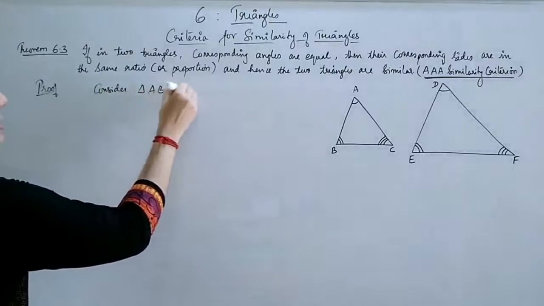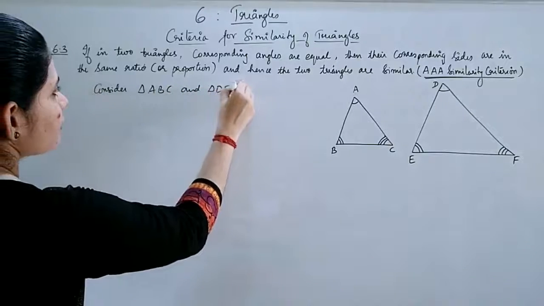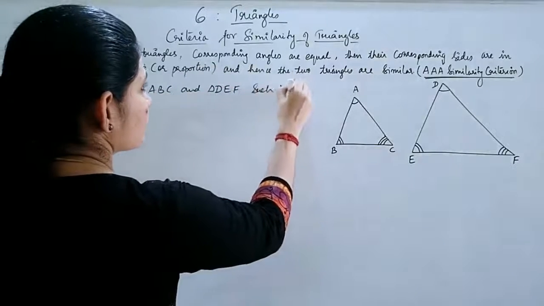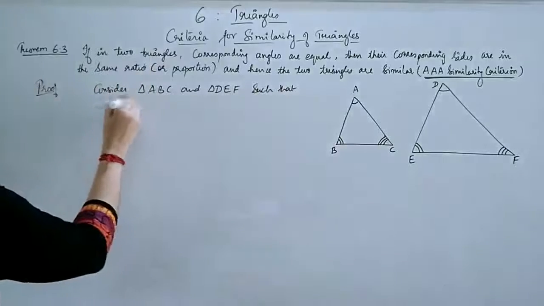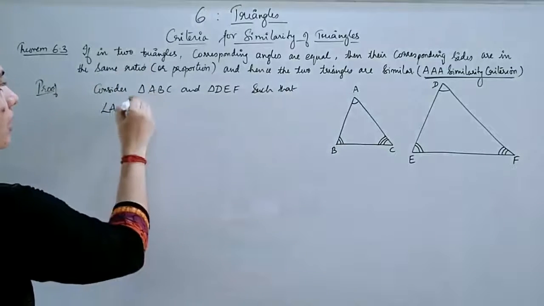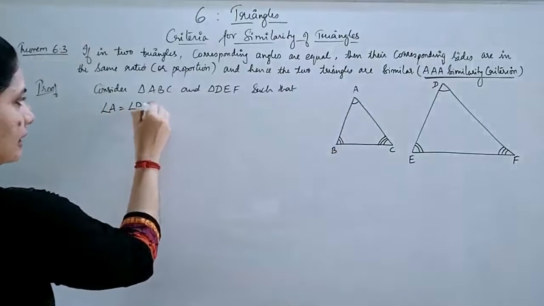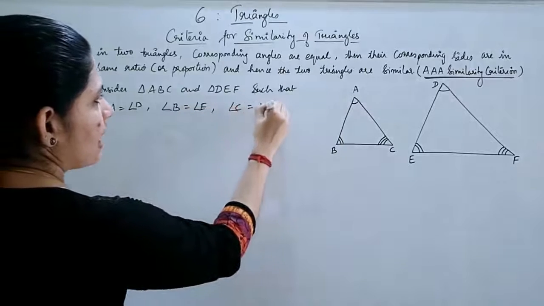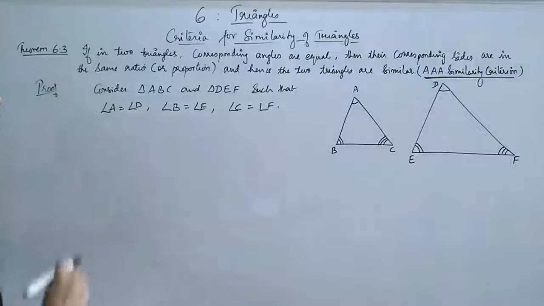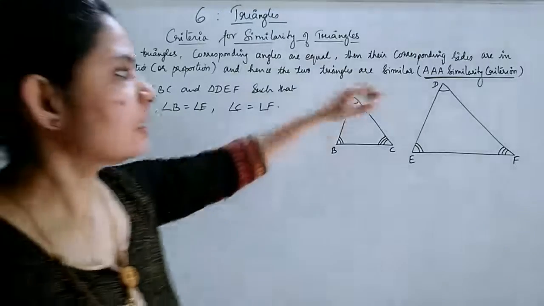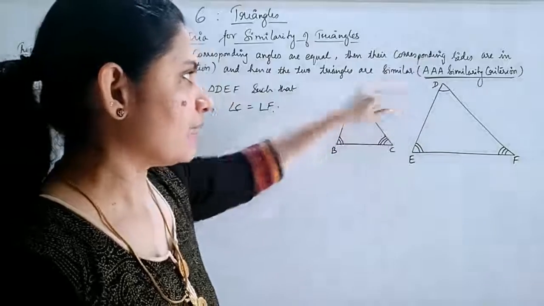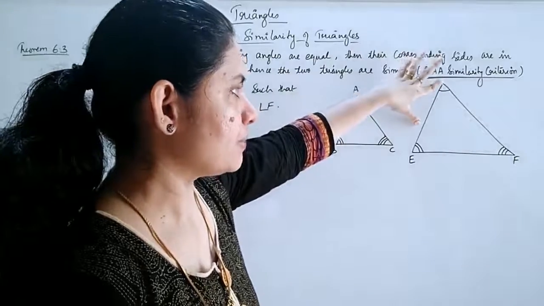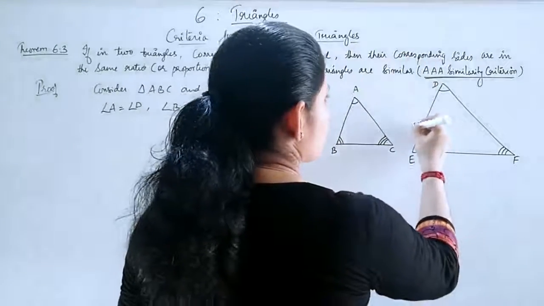Consider triangle ABC and triangle DEF such that what is given, corresponding angles are equal, such that angle A is equal to angle D, angle B is equal to angle E, and angle C is equal to angle F. Now what we are doing is we are taking a point on DE in such a manner that the same length AB is cut from the point D. That means somewhere here you are getting a point which is taken as P.